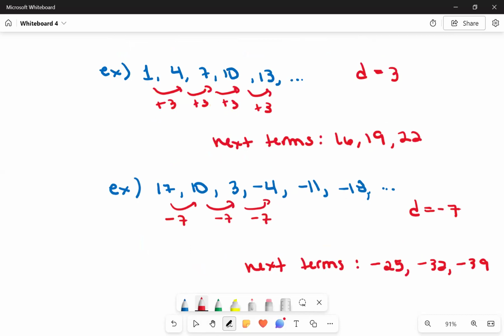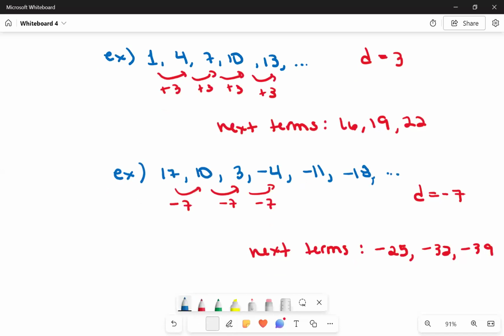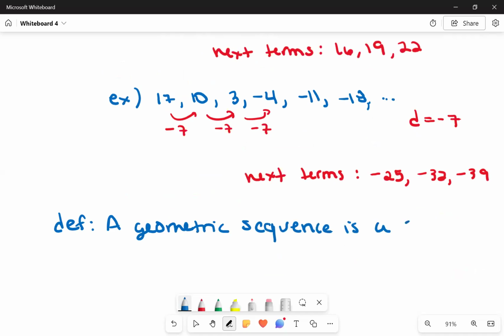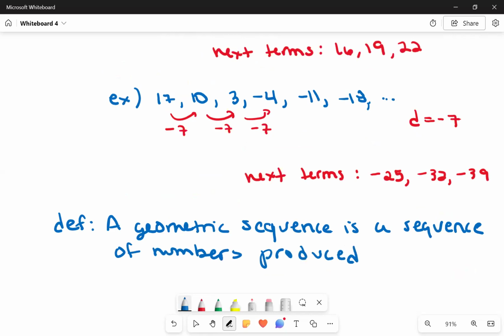Those are arithmetic sequences. Now I mentioned there's another kind of sequence we're going to look at. And let me go ahead and define it. That is a geometric sequence. A geometric sequence is a sequence of numbers produced by multiplying or dividing by a constant.